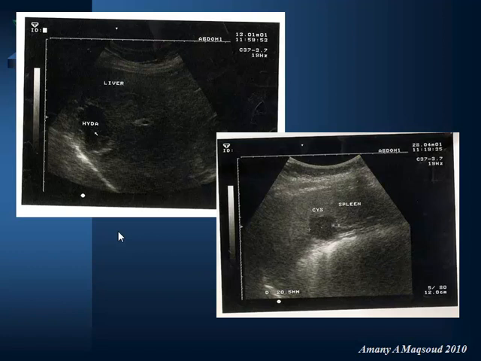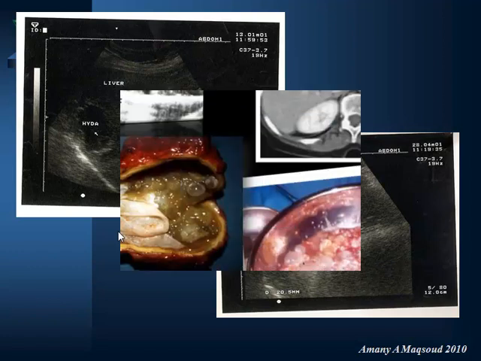Unfortunately, I don't have the chest X-ray. Her plain chest X-ray showed 2 cysts in the right lower lung zone, and abdominal ultrasonography showed a cyst in the liver and a cyst in the spleen. This is a case of multiple hydatidosis. She was given albendazole, followed after that, and she was cured.